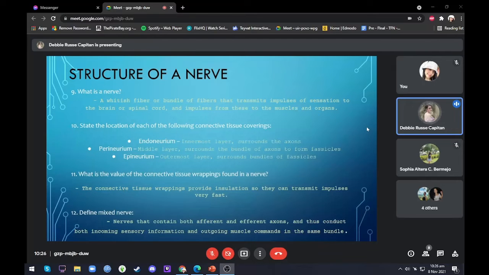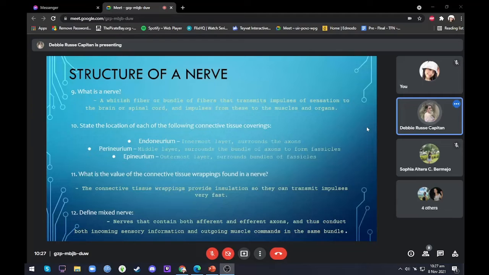For 10.1, endoneurium: it is located in the innermost layer and it surrounds the axons. For 10.2, perineurium: middle layer, it surrounds the bundle of axons to form fascicles. For 10.3, epineurium: it is located in the outermost layer and it surrounds bundles of fascicles.